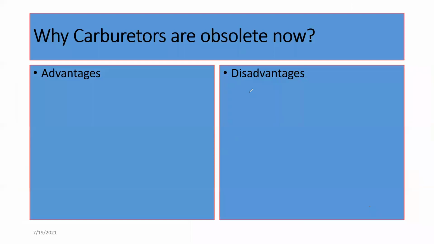Yes, carburetor maintenance cost is higher. Anything else? More power. No, carburetors do not produce more power. It produces a maximum the same as the EFI system. Engine performance increase.